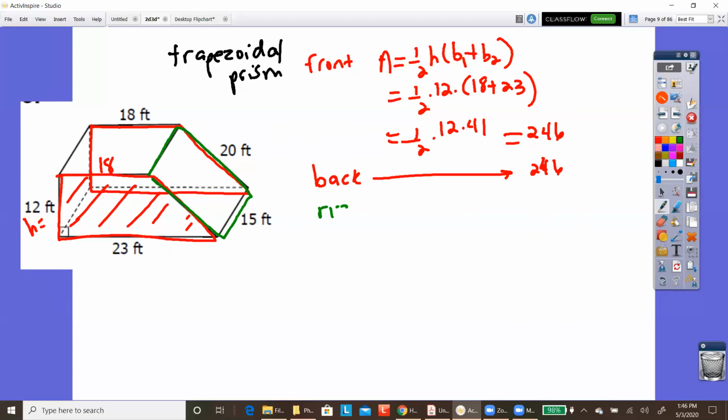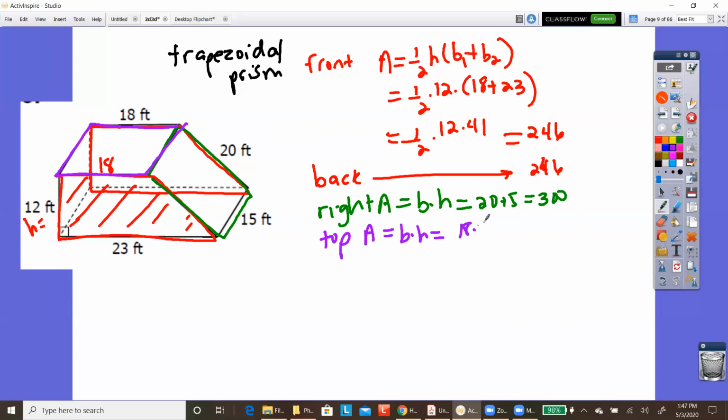That would be base times height, and that would be 20 by 15, which is 300. Then let's go to the rectangle on the top, outlined in purple, that would be 18 by 15. 18 by 15 is 270.